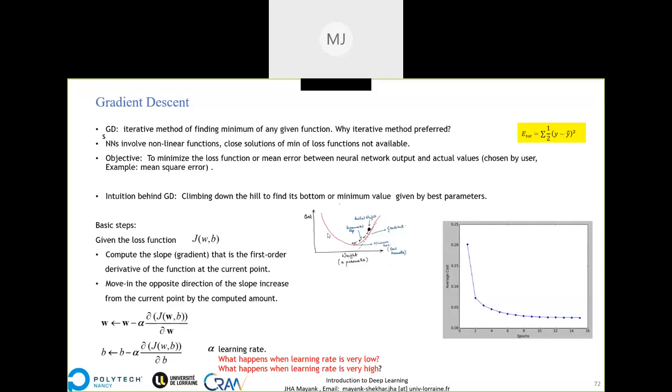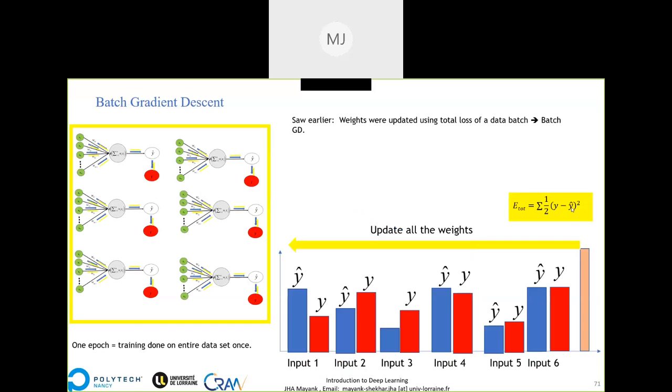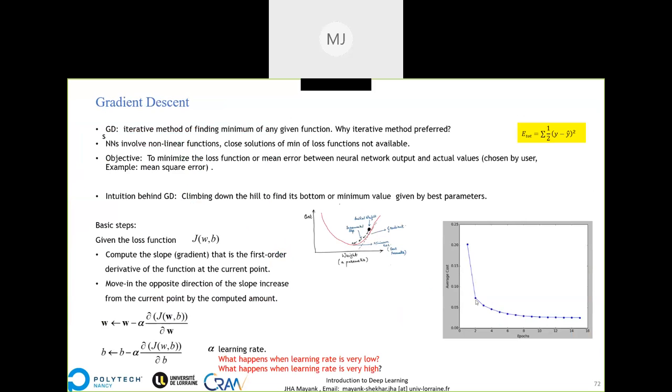Let's go ahead and summarize. If you look at the loss with respect to each epoch, usually the loss is very high at first, which means the difference between y and y hat is very large. But once you do this one time, it decreases.